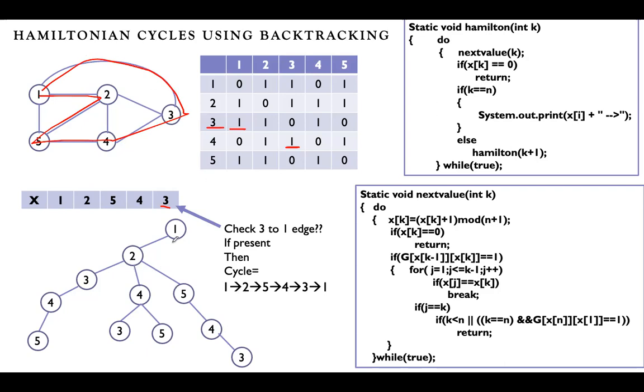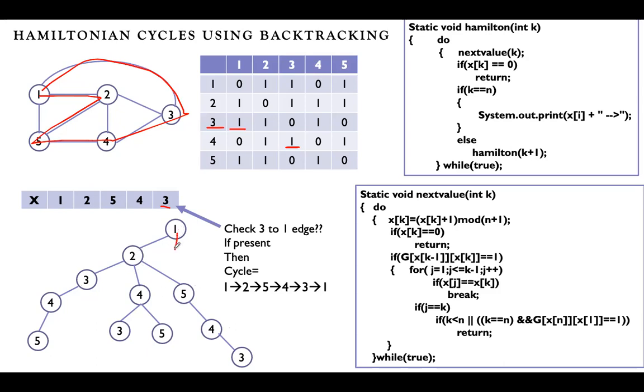Next, from 1 to 3 we checked. Next from 1 to 2 we checked all combinations: 2 to 3, 2 to 4, 2 to 5. Again from 2 we have checked all these combinations, so all the possible combinations for 2 are over.